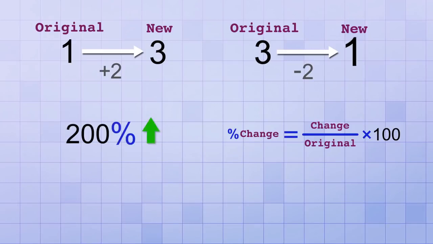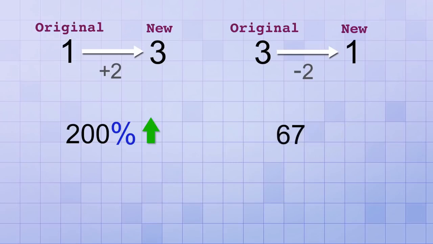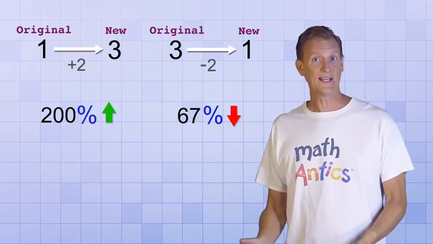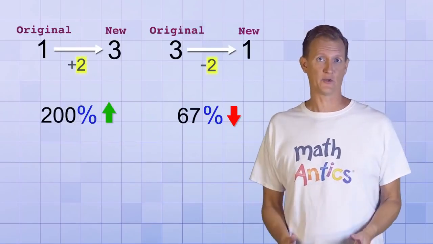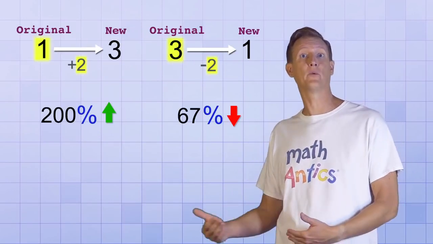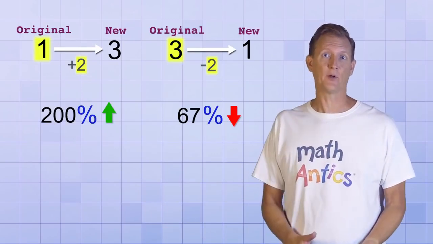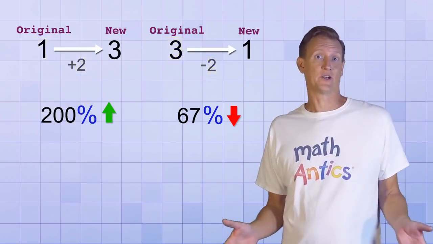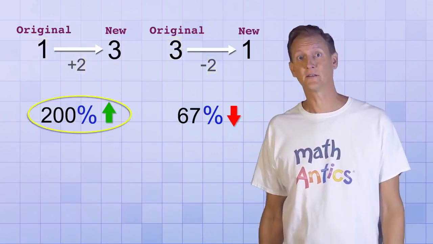And going from 3 to 1, negative 2 divided by 3 times 100 equals negative 67, rounded to the nearest whole number, or a 67% decrease. Again, even though the magnitude of the change was the same, the percent changes are different because we started out with different original amounts. And this example also shows that you can get a percent change that's greater than 100%.